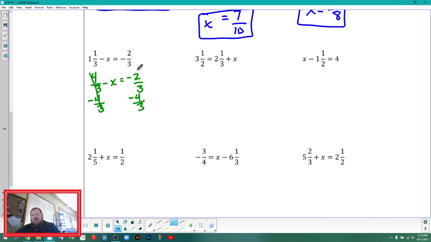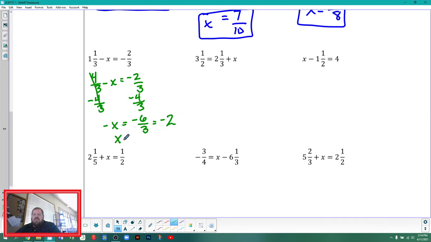And when I combine these, I'm going to get -x is equal to -2/3 minus 4/3, which is -6/3, which is actually -2.